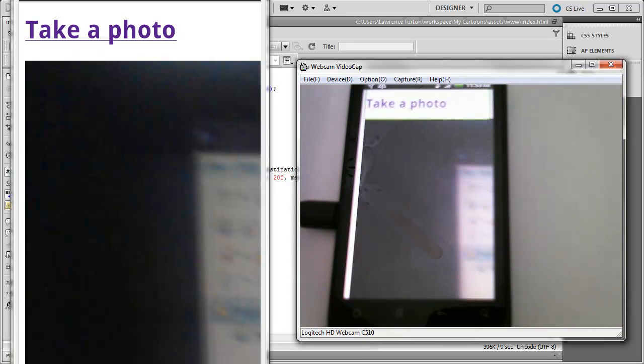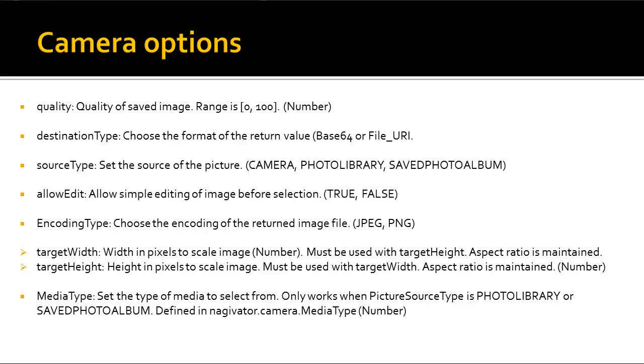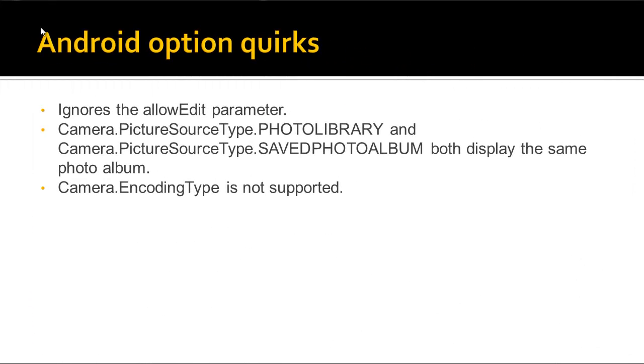Okay, so now what we're going to do is take a look at some of the quirks. Android ignores the allow edit parameter. As you heard me say before, I couldn't demonstrate that.